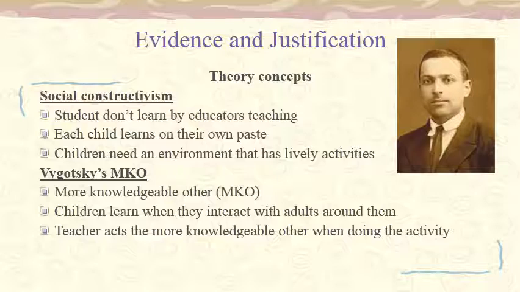Vygotsky argued that it is important for children to have interaction with adults around them, the more knowledgeable other, MKO, because this allows the students to have a strong understanding of what they are learning, as stated by the State of Victoria Department of Education and Training, 2020. When the teacher first introduces the learning activity and asks questions in order to further their knowledge, he or she is the MKO.